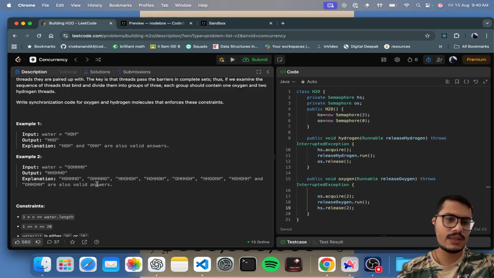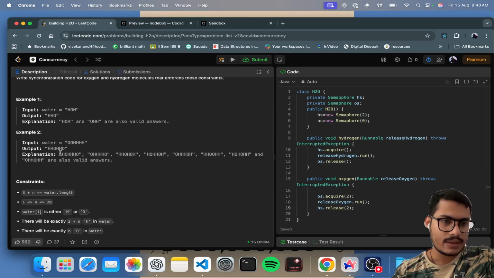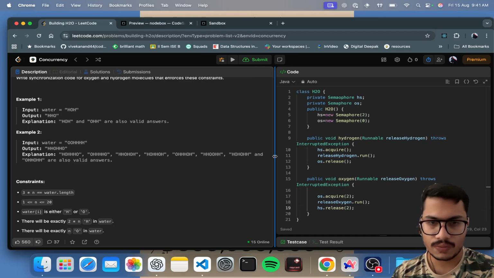If you take an interval of three, I just have two hydrogen and one oxygen. At any time, this cannot be 3H or 2O or 3O, anything. Apart from two hydrogen and one oxygen, it cannot be anything.